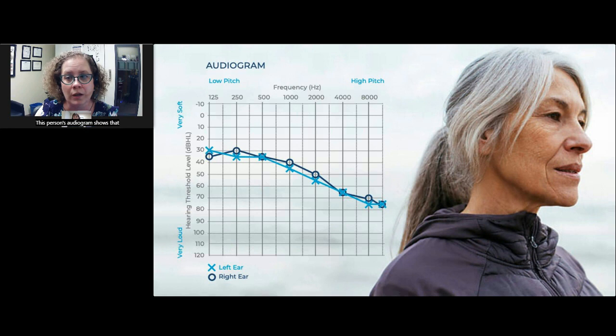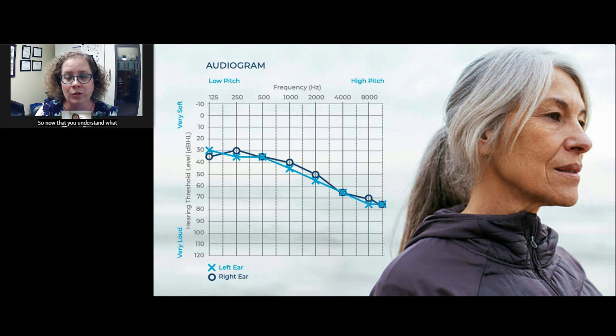This person's audiogram shows that the sounds at the high frequencies would have to be extremely loud, over 70 decibels at 8,000 hertz, in order to hear them. And that is really common. This type of pattern and slope is a typical age-related hearing loss. Your audiologist also might have told you it would be harder for you to hear these higher frequency sounds.